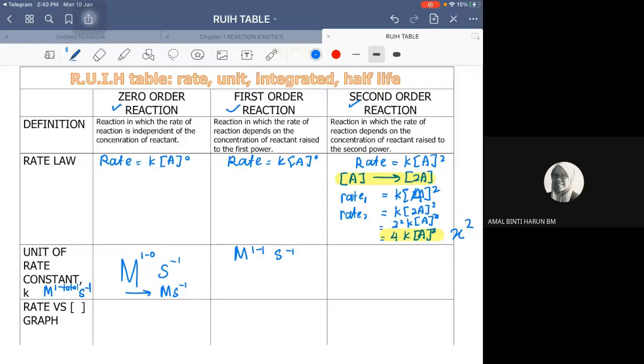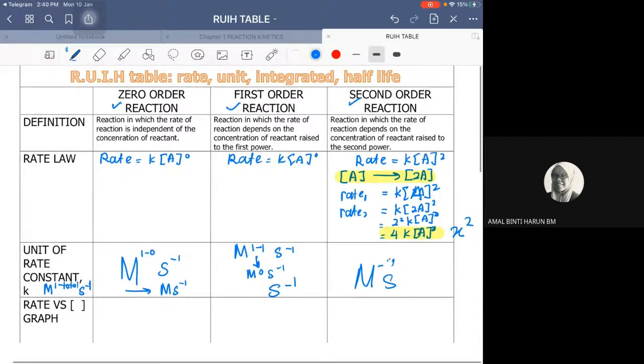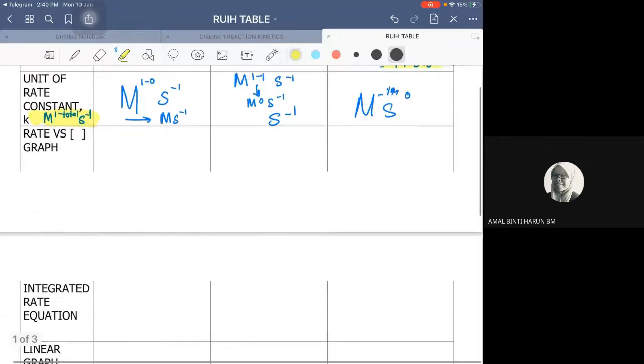So 1 minus 1, 0 per second. So finally you akan dapat per second. Unit bagi K. Ni per molar per second. Okay. Tak ingat gunakan ni yang saya dah cakap tadi.